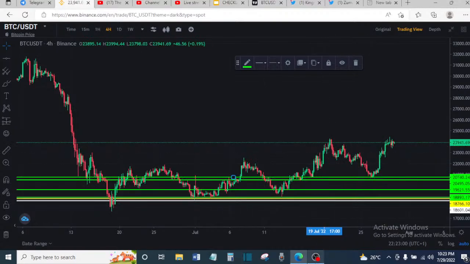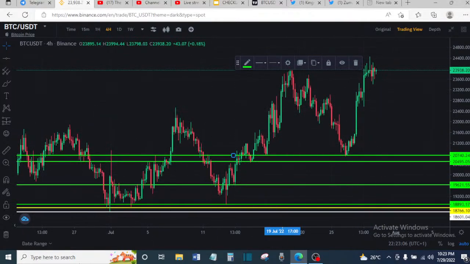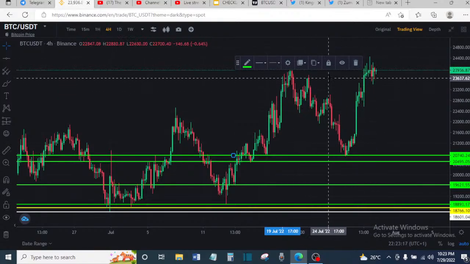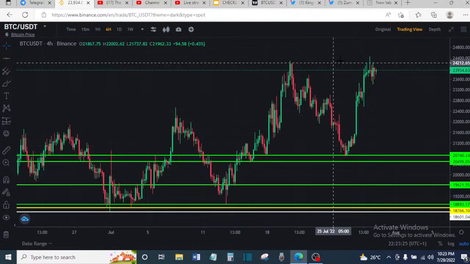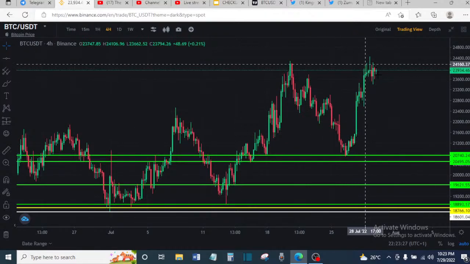So if we have more signals here, you can see the signals here showing us that we should probably have price swinging down. The signal is becoming so much here. Okay, look at analyzing through the 4 hours chart.